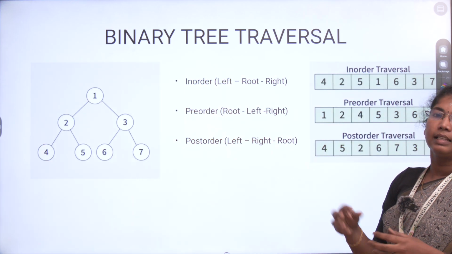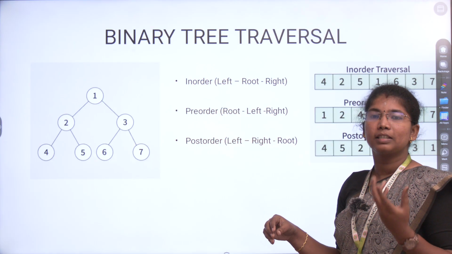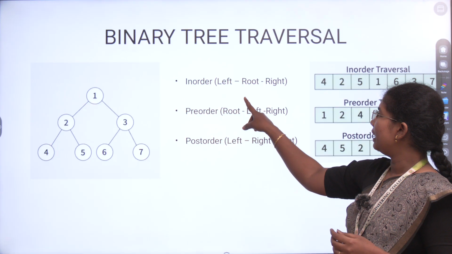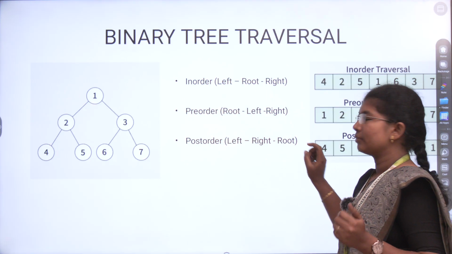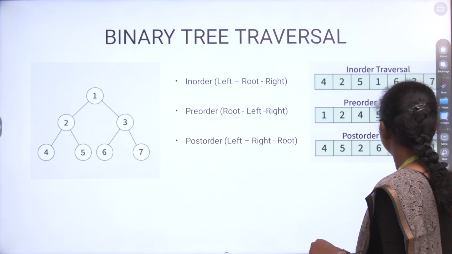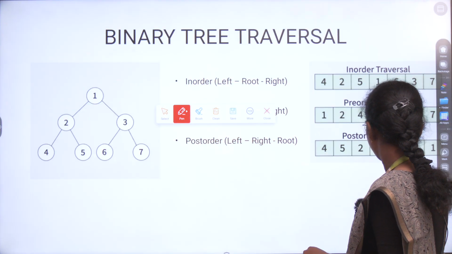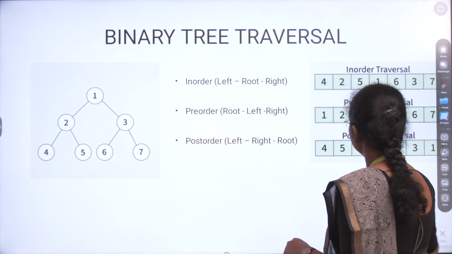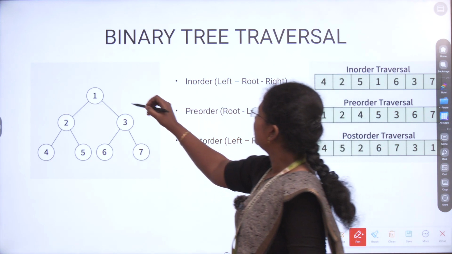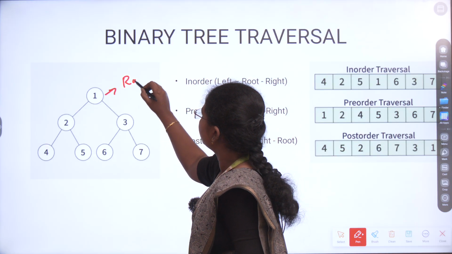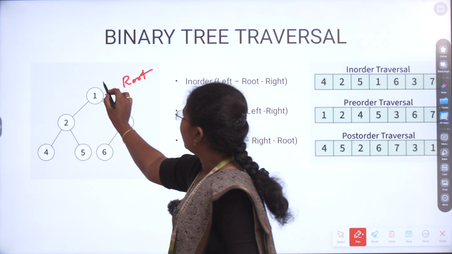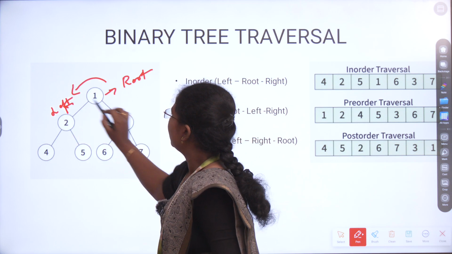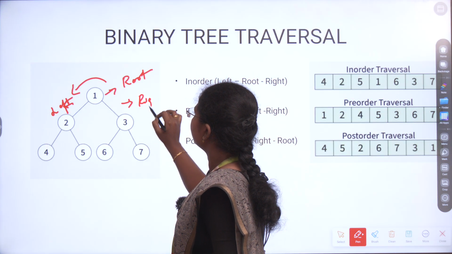Binary tree traversal. I'll give you one example of how we traverse the values in three ways. First in-order: left, root and then right. Now this is a root, and from the root, the left side is called the left subtree and the right side is called the right subtree.